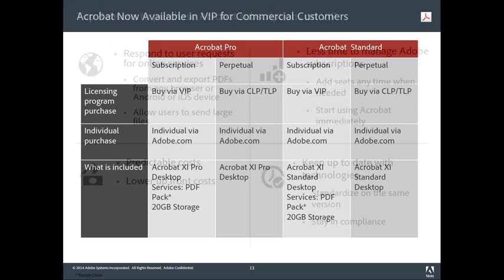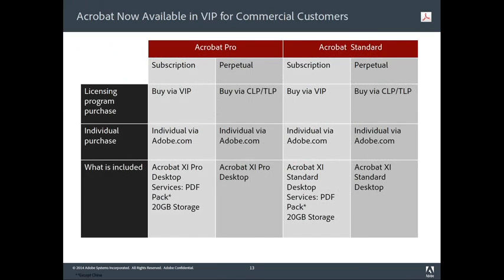Okay, just a little slide here to give you an idea of what's available via subscription versus perpetual for both Acrobat Pro and Standard. The key difference is obviously that with subscription you buy via VIP.